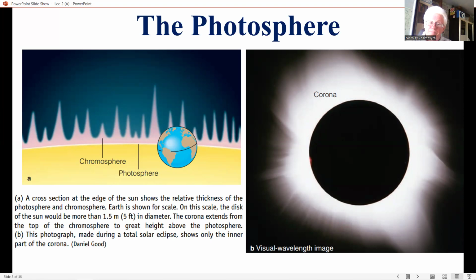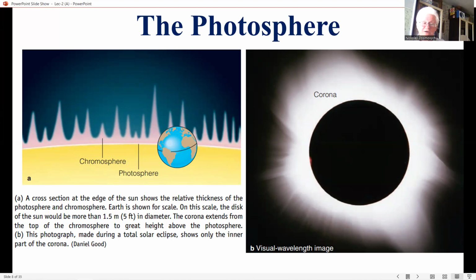If the sun magically shrunk to the size of a bowling ball, the photosphere would be no thicker than a layer of tissue paper wrapped around the ball. The photosphere is the layer in the sun's atmosphere that is dense enough to emit plenty of light, but not so dense that the light can't escape.